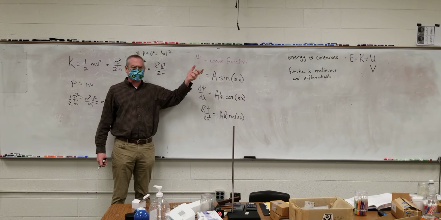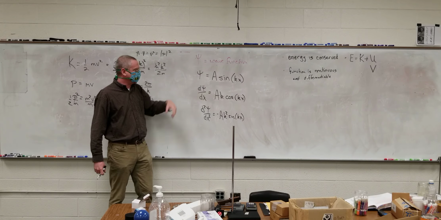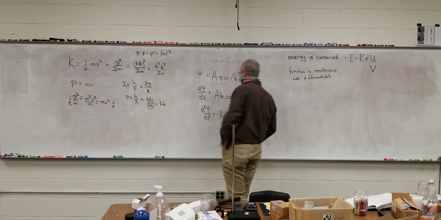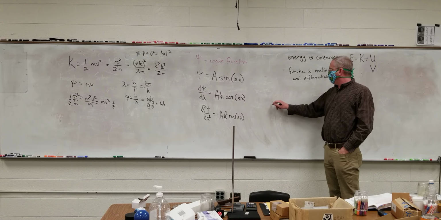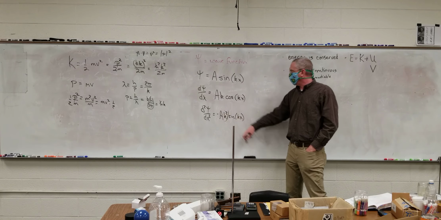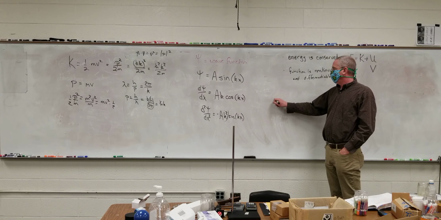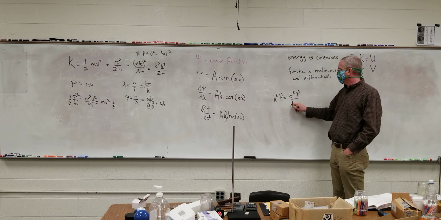Before it was with respect to time, so it was omega times time instead of k times x. The real difference between these two is this k squared. So k squared times psi is equal to d squared psi over dx squared.